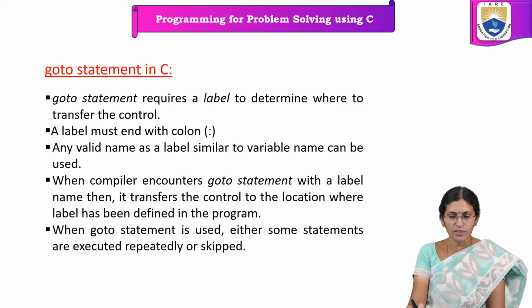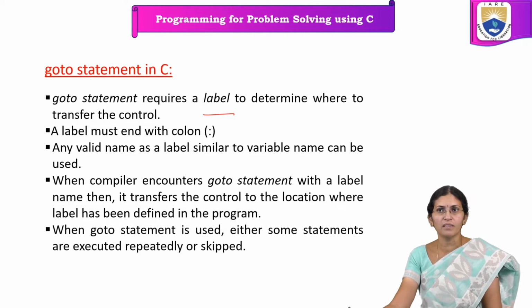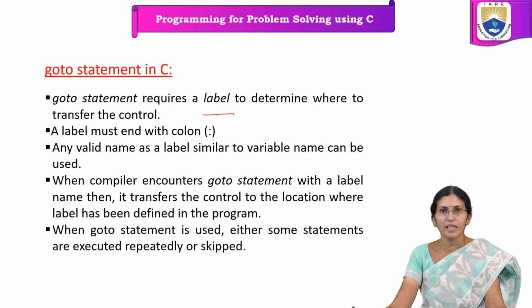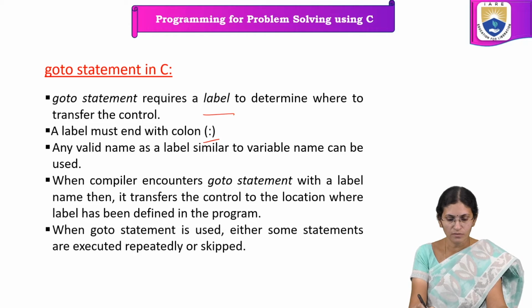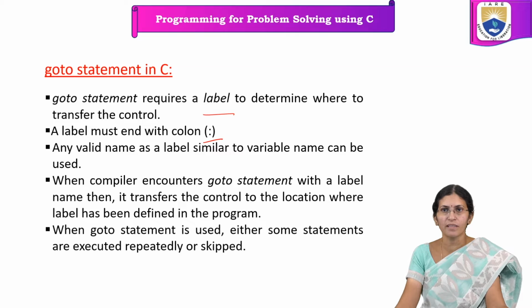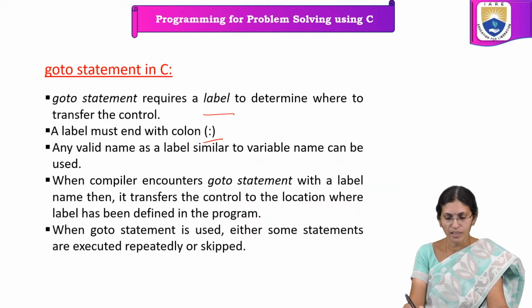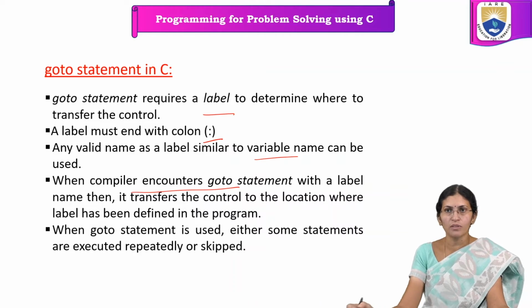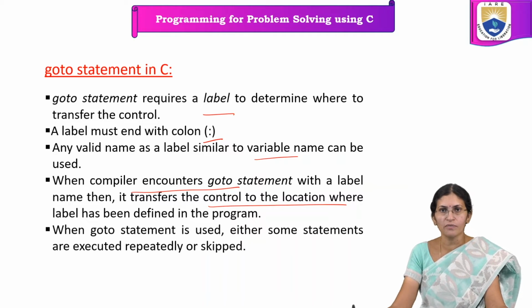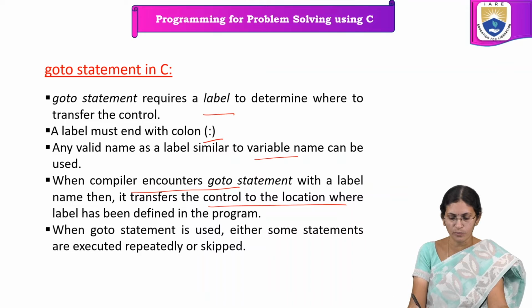The Goto statement requires a label to determine where the control has to be transferred, and the label must end with a colon. Any valid name, similar to a variable name, can be used as a label. The rules for naming a label are the same as for a variable name. When the compiler encounters a Goto statement with a label name, it transfers the control to the location where the label has been defined in the program.